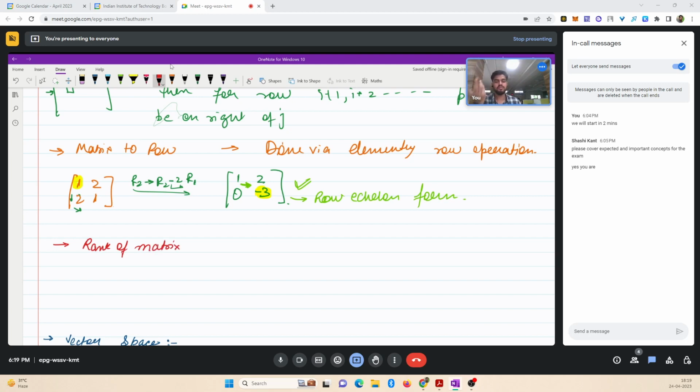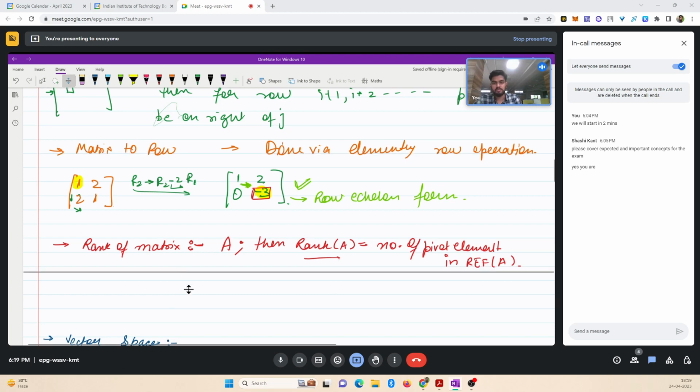There are many equivalent definitions, but the definition that I want to quote over here is, let's say we have a matrix A, then the rank of A is the number of pivot elements in the row echelon form of A. So if you calculate the row echelon form of A, then the number of pivot elements that you have is the rank of that particular matrix. Okay.